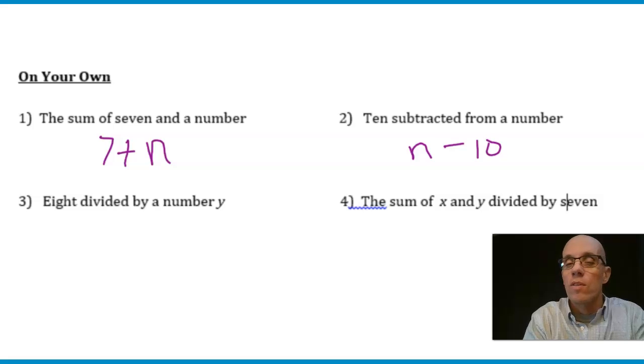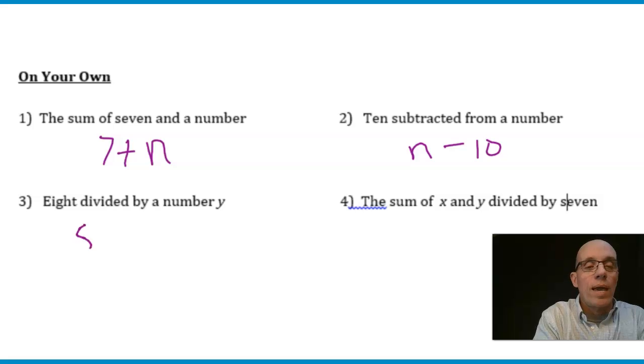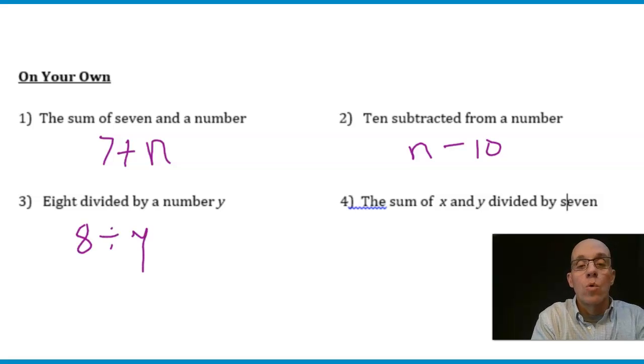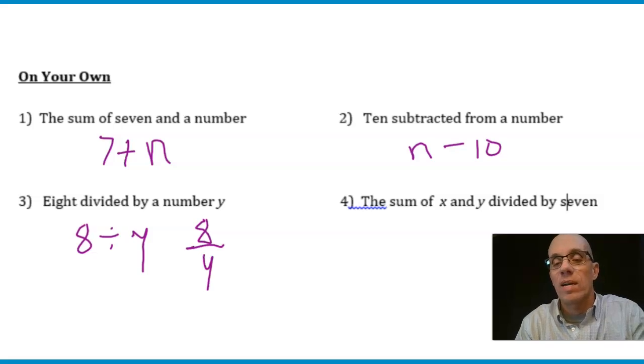So be careful. Even though 10 comes first in that sentence, in the expression it's going to be n minus 10. 8 divided by y. So dividing, we could go 8 divided by y, just the way you would read it there, or we're going to write it as a ratio, 8 over top of y.